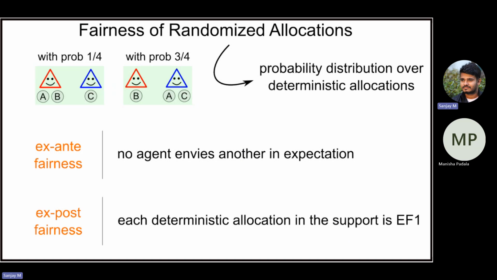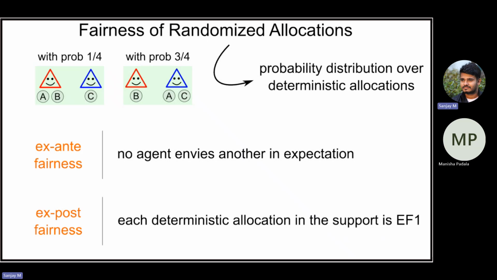That contrasts with something called ex post, where you have tossed the coins, you have arrived at some deterministic object in the support of the randomized allocation, and now you're looking at whether that realization is itself fair or not. For example, in this bundle-everything-up strategy, it was ex-ante fair because the distributions were the same, no expected envy. But once you toss the coins and actually give the bundle to one person or the other, that's very unfair.